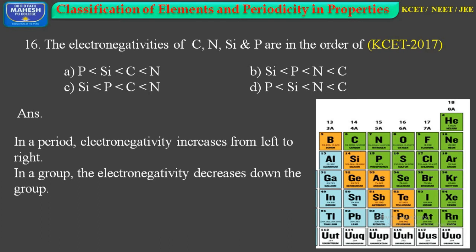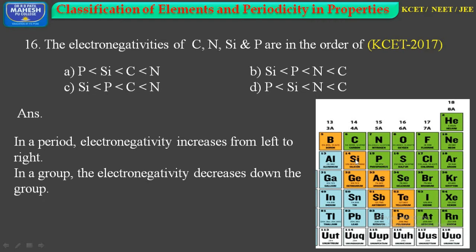Whereas students, silicon is placed below the carbon. So we can predict that silicon must be having a lesser electronegative value when compared to carbon, whereas phosphorus is placed below the nitrogen. Phosphorus electronegativity value is lesser than the nitrogen because down the group electronegativity value decreases.